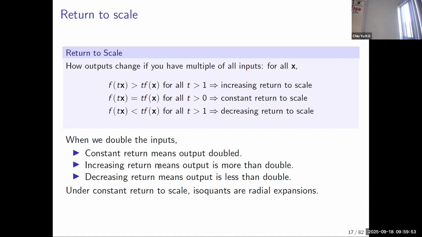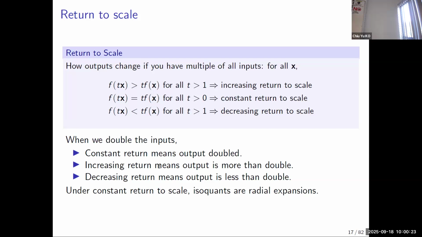So far we talked about changing one particular input i and input j at the same time, one increasing, one decreasing, and how they trade off. Here, if you double all the inputs, is it going to double all the output? Do you produce twice the amount of output or less than twice the amount of output? If you double the input and you double the output, that's constant returns to scale.